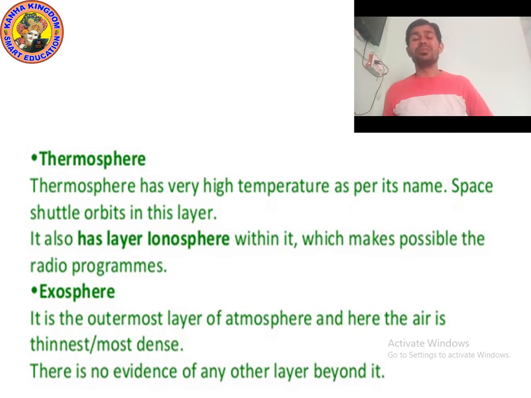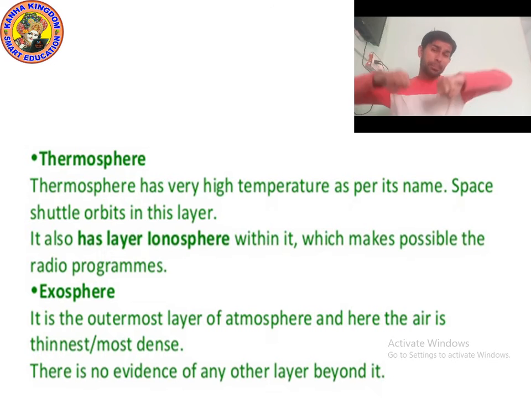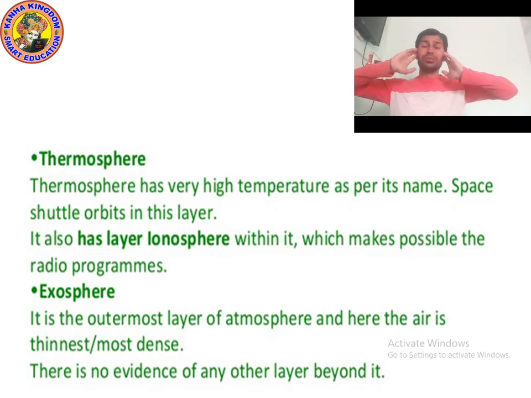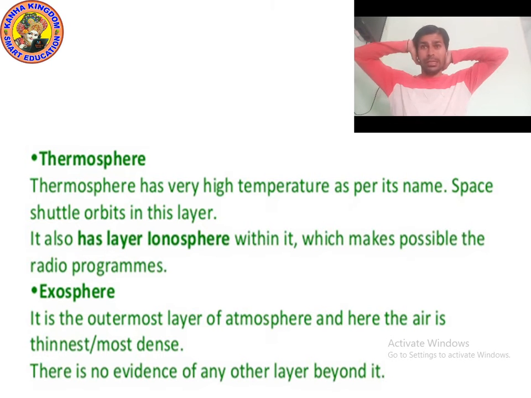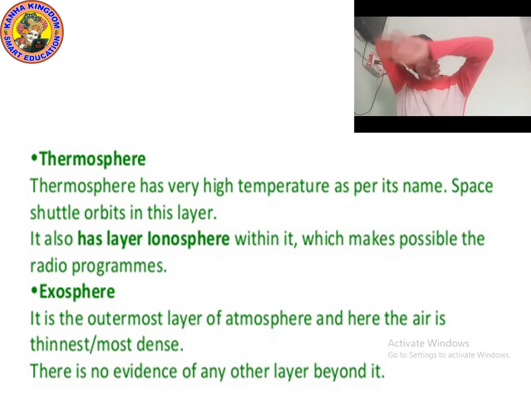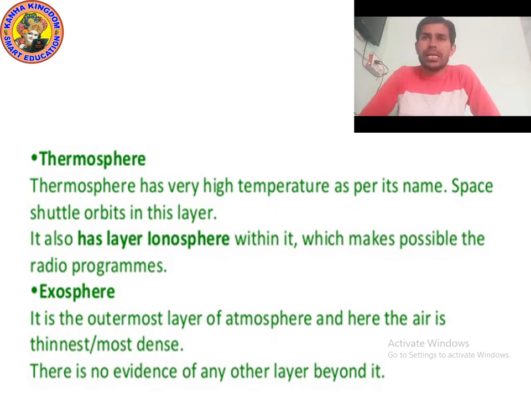So thermosphere is the area where the temperature is so high. In this area, the satellites, space shuttle, you can say, orbit in this layer. Yes, they revolve and rotate around the earth.